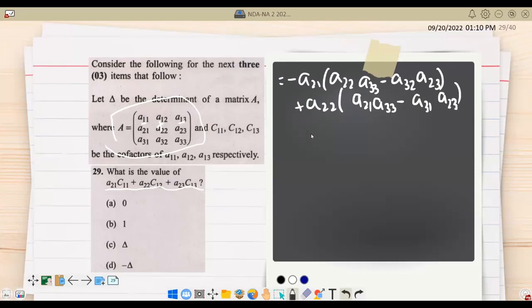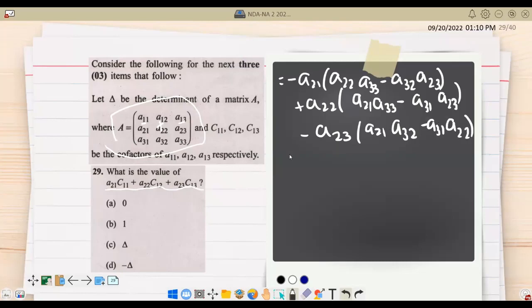Next minus A23 into C13, where cofactor 13 is A21 A32 minus A31 A22.